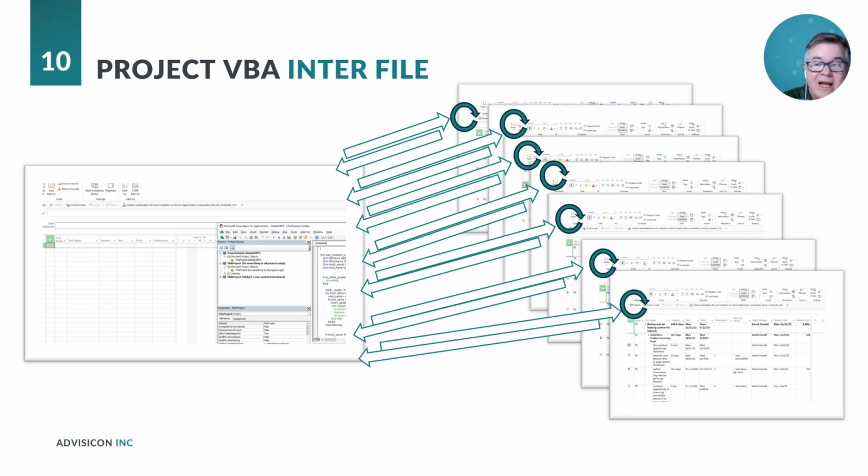Instead of opening each one and manually applying the same process or updating it manually, you can create a VBA macro. Project has the ability to open up each of the projects that you tell it to open, either from your PWA or from locally stored data, and work on each file one at a time.